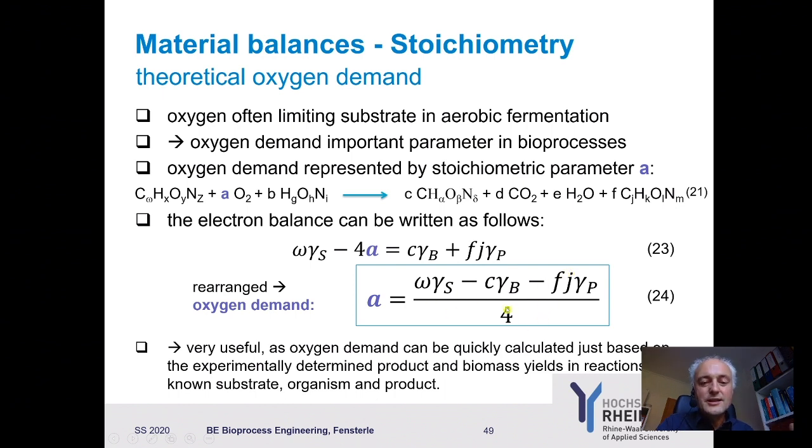The cool thing is, if you just need the oxygen demand, and that's the case especially in energy balances, then using this equation you can solve for the oxygen demand, and you don't need to know all the other stoichiometric coefficients. You don't need to finalize a mass balance in this case. It makes life easier. Now let's have a look at what else we can do with this equation.